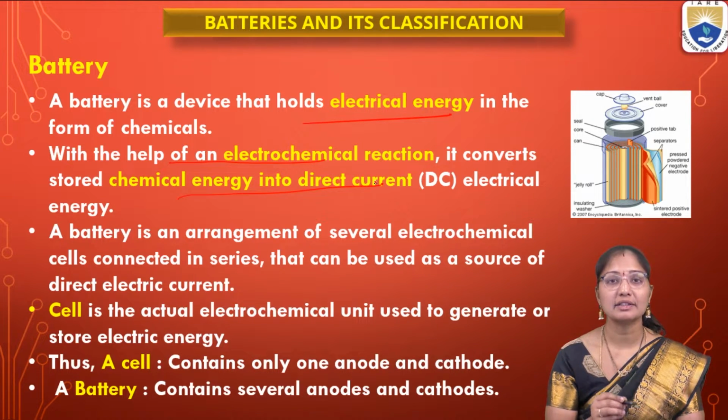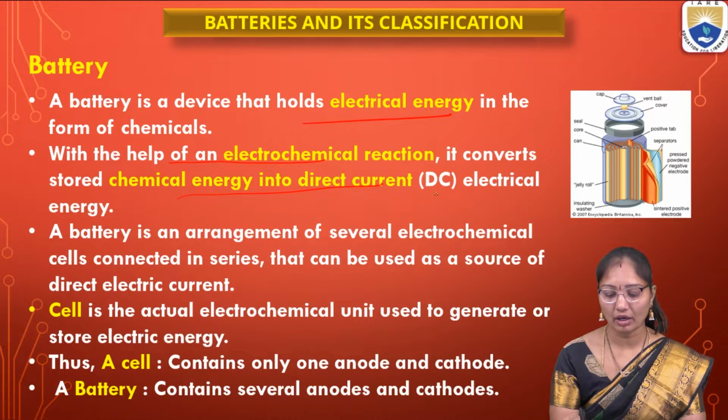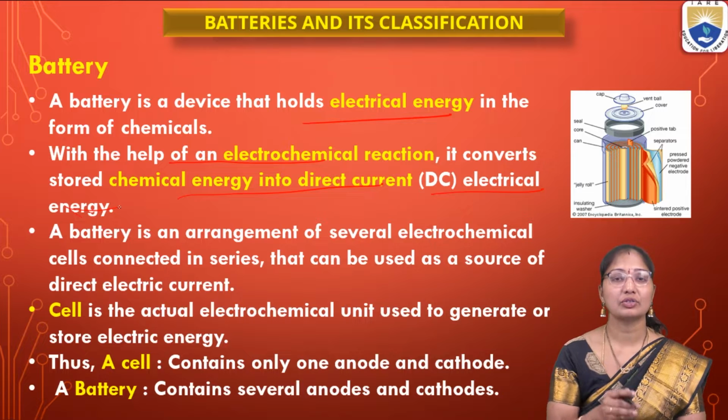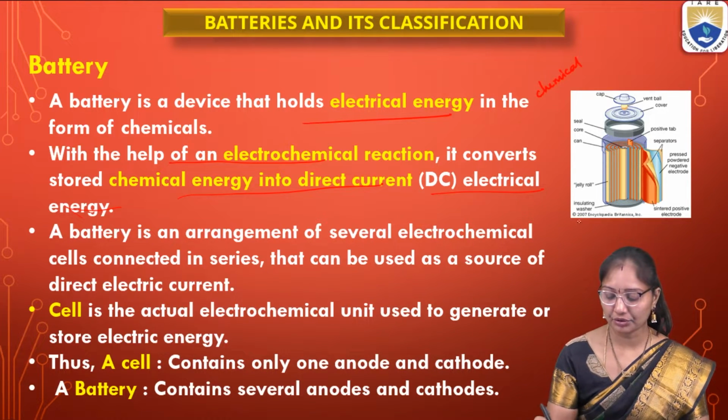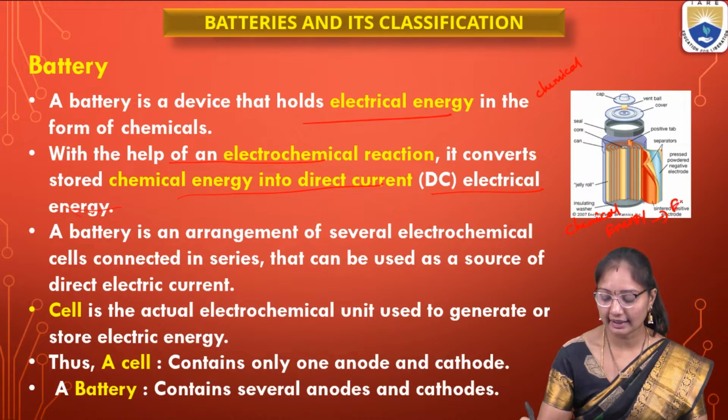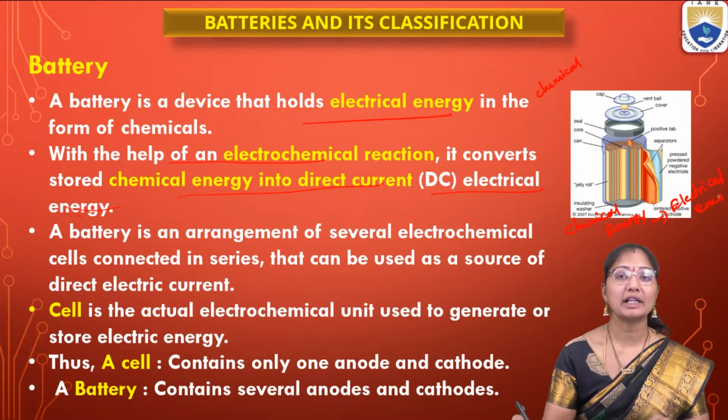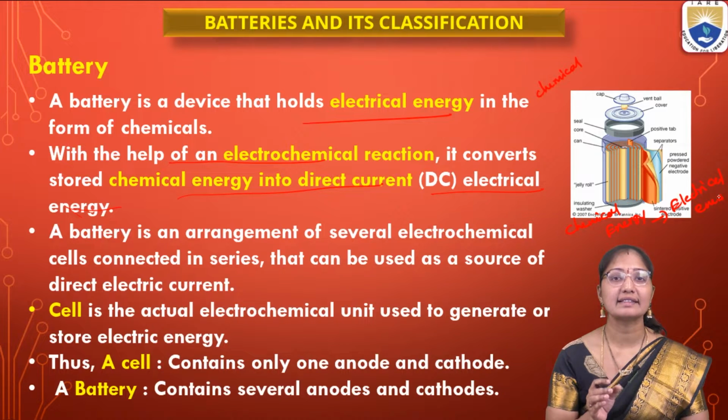So the chemical energy present in the battery is converted into the direct current or the electrical energy. This is called the battery.